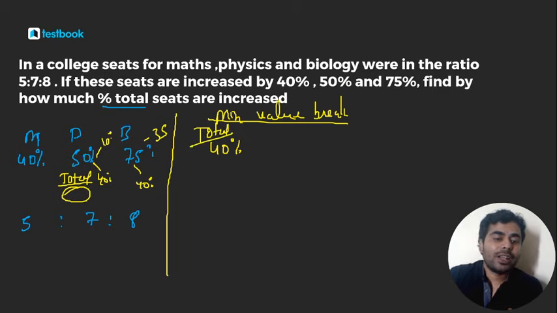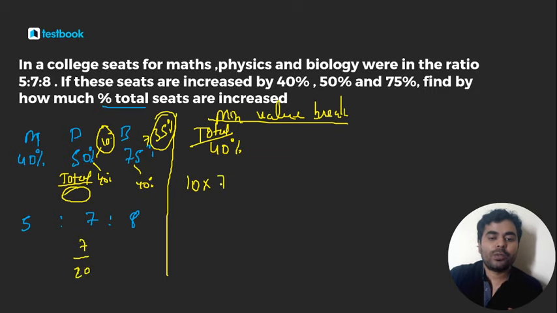Then after that, this 10% extra and this 35% extra are also going to impact this, according to their strength. Okay, so this 10% according to its strength, the strength of these physics seats is 7/20.